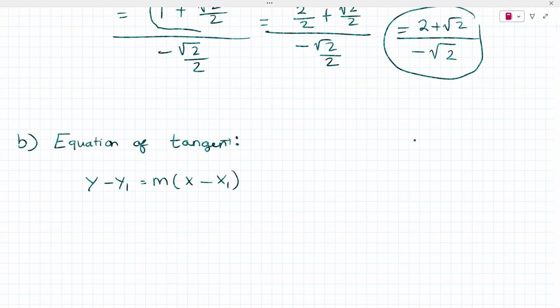We do have the slope, so my m is 2 plus radical 2 all over negative radical 2, right? We have the m, but we don't have the y1 and the x1, right? We don't have the x coordinate, and we don't have a y coordinate. That was not given. But they do tell us that theta is pi over 4.